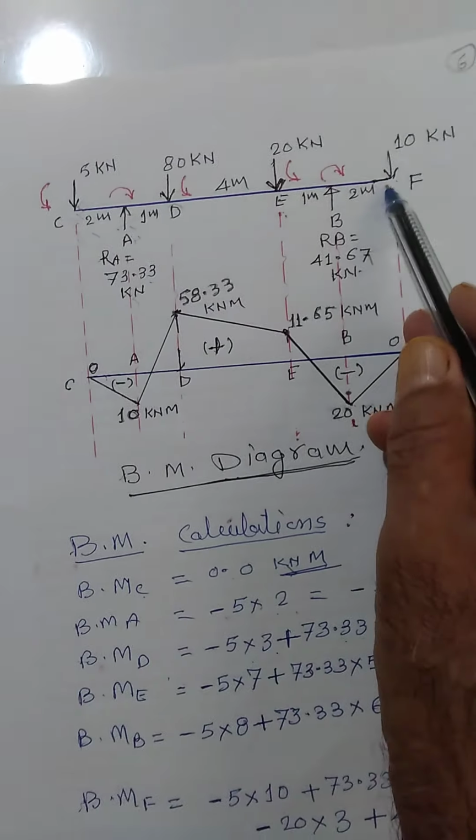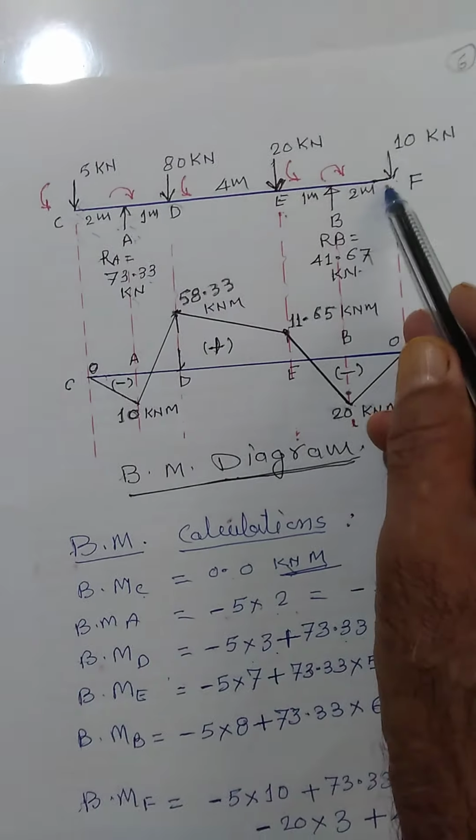And when we find that this is minus 5 into 10 first, then RA into 8, then next will be minus 80 into 7, then next will be 20 into 3 plus RB into this distance of 2 meters. And if we make the algebraic sum of that, it turns out to be 0.